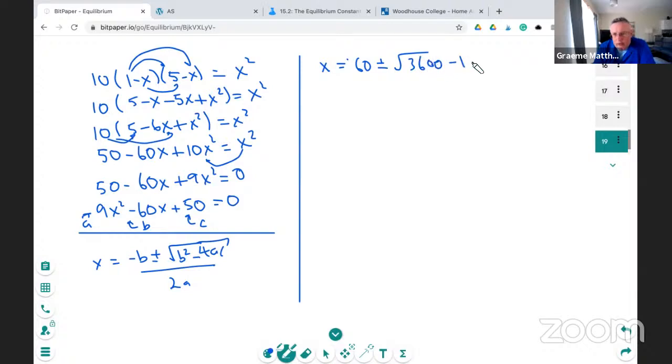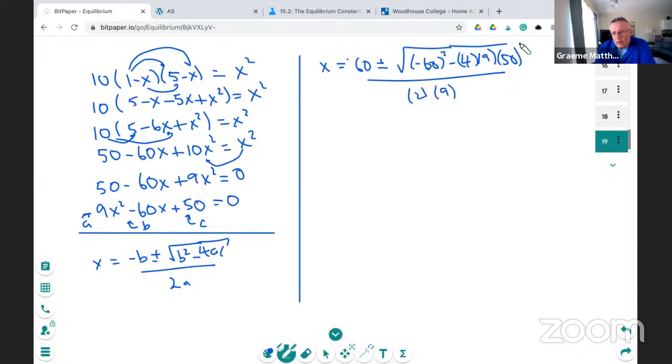All right, minus 1800, because it's negative b. So if b is negative 60, then negative b is 60, plus or minus the square root of b squared, that's obviously negative 60 squared, minus 4 times 9 times 50, all over 2a, so 2 times 9.